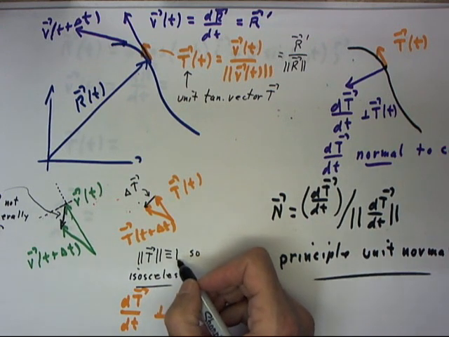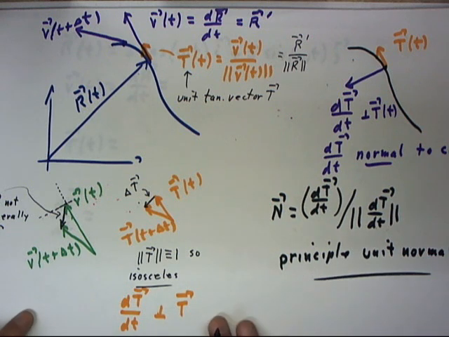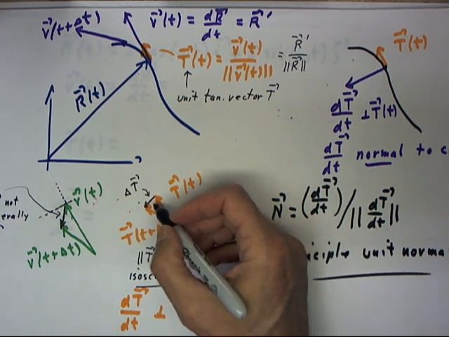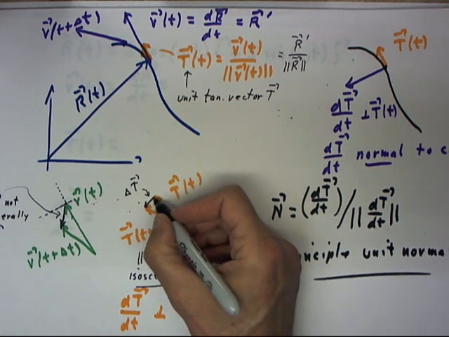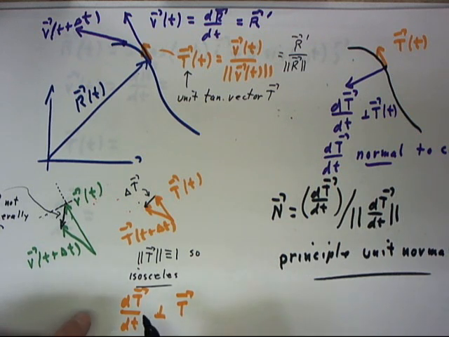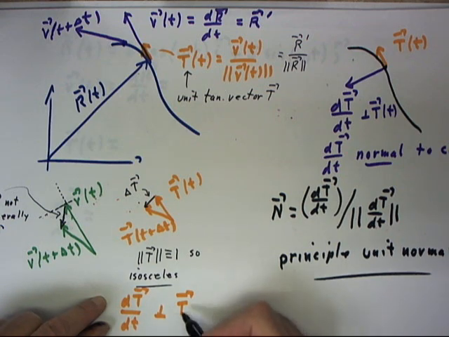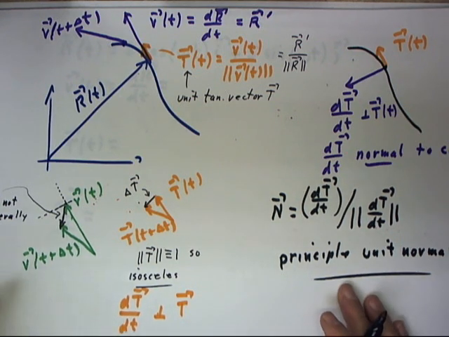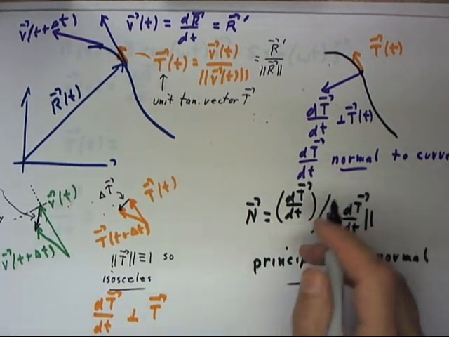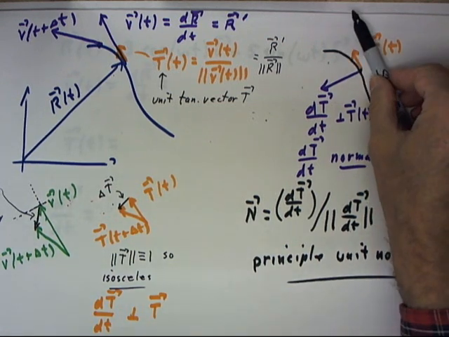As we've seen recently, that implies that in the limit as delta t approaches 0, delta T will become perpendicular to our unit tangent vector, and that the derivative of our unit tangent vector with respect to t must be perpendicular to T. So this gives us a strategy for finding a unit vector perpendicular to the unit tangent vector.